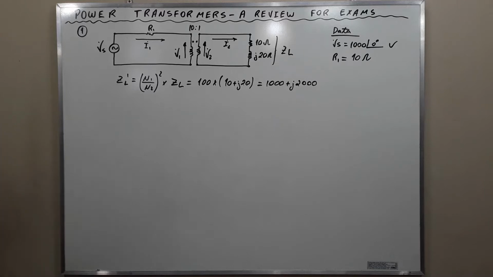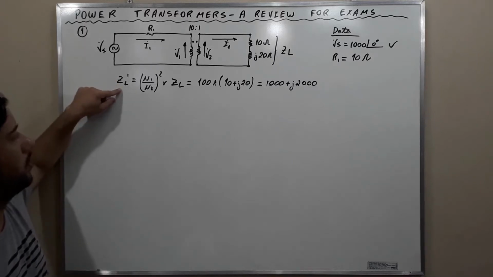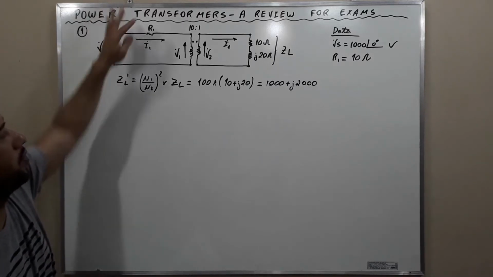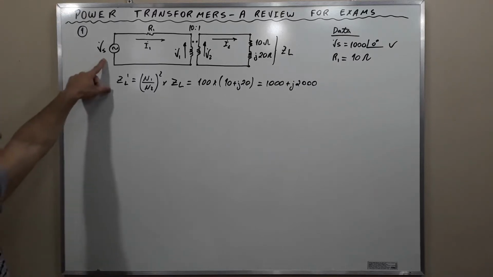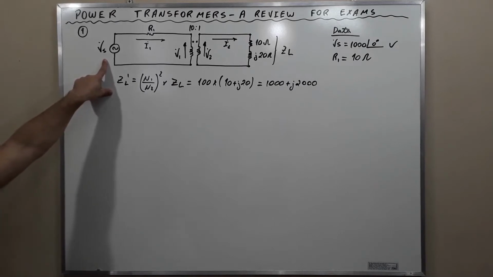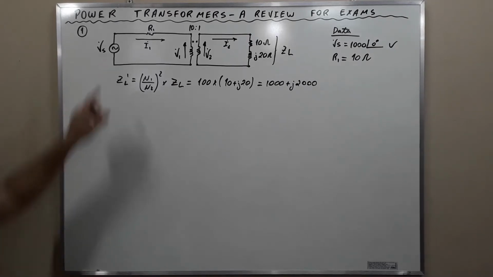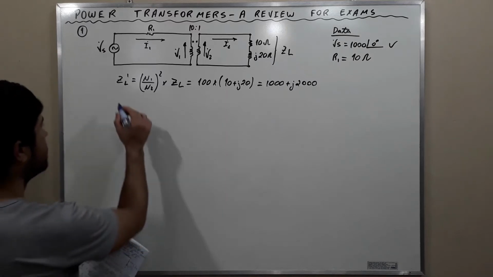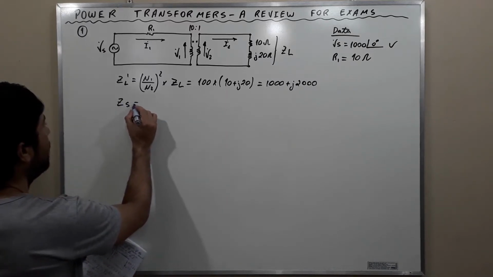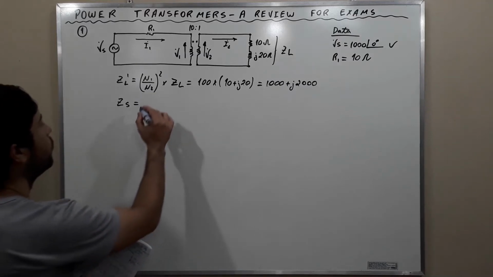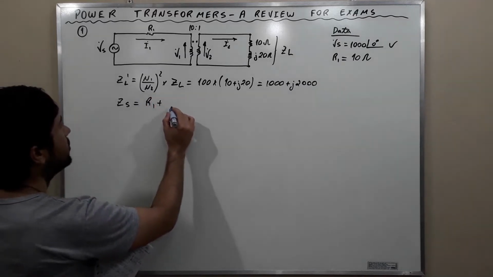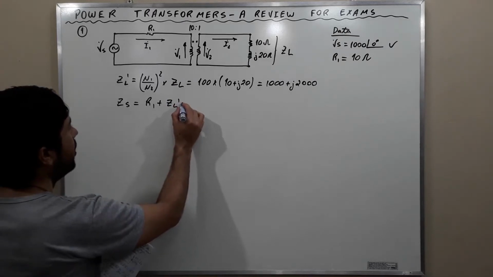Now we need to combine this impedance with this resistance, and we are going to call it the total impedance, the impedance seen by the source. The total impedance, ZS, is R1 plus ZL prime.